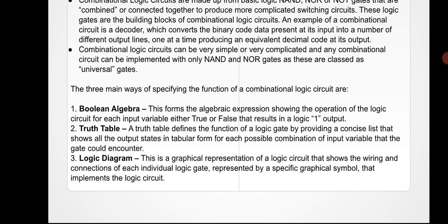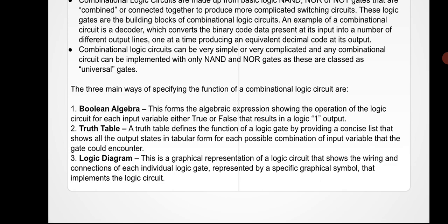Okay, so they are represented by specific graphical symbols that implement the logic circuit. Ultimately, out of the three, the logic diagram is one of the easiest to identify. But if you want something more effective or technical, then you can go for truth table or Boolean algebra. If you are very good at mathematical concepts, then you can go for Boolean algebra, and if you are well with numbers, then you can go for truth table.